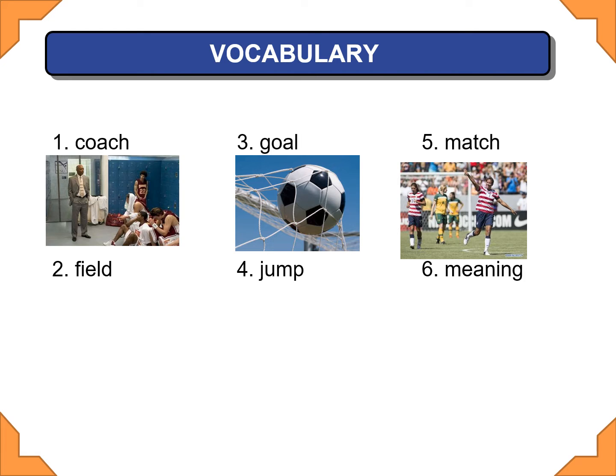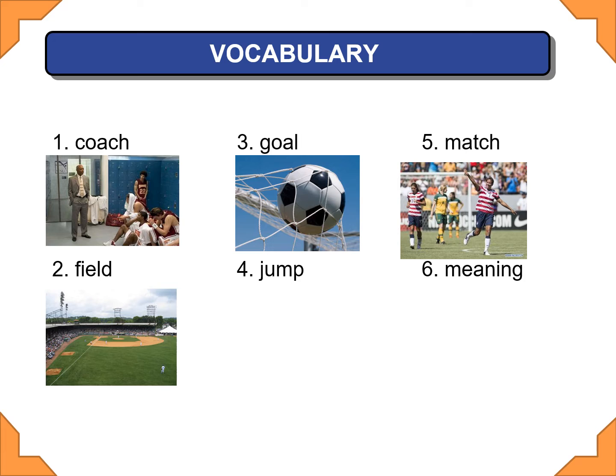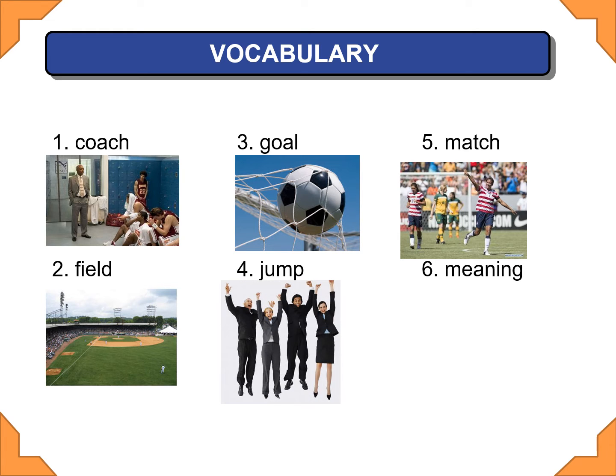And another meaning is, for example, harmonious clothing, harmonious personalities, etc. That's match. Field. Field is pretty much like a match. It can be an area to play or plant. Jump. Jump is about using legs and arms, it might be, to go up from a surface.